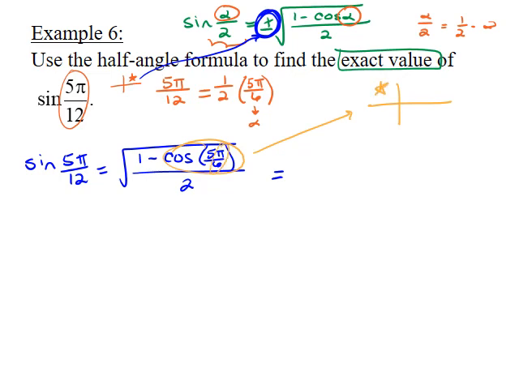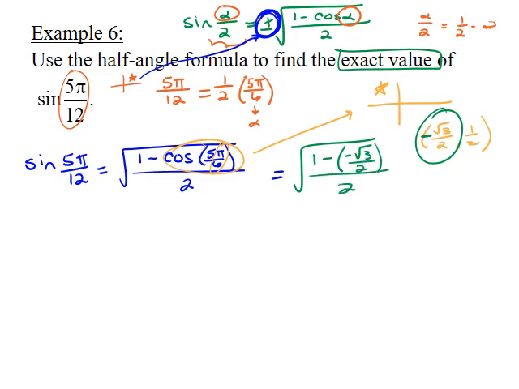The reference angle is pi over 6, so that is root 3 over 2, 1/2. In quadrant 2, I know that cosine is negative. So cosine of 5 pi over 6 is the negative square root of 3 over 2. So I'll have 1 minus the negative square root of 3 over 2, all over 2.